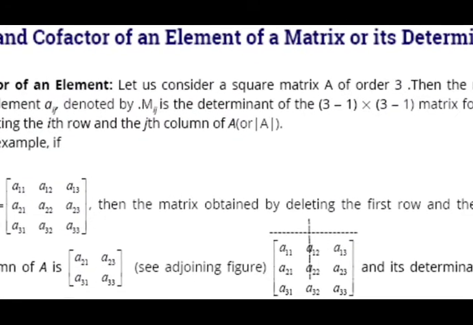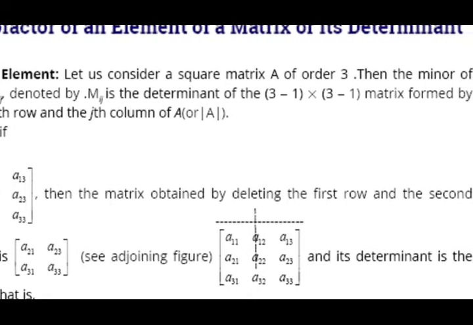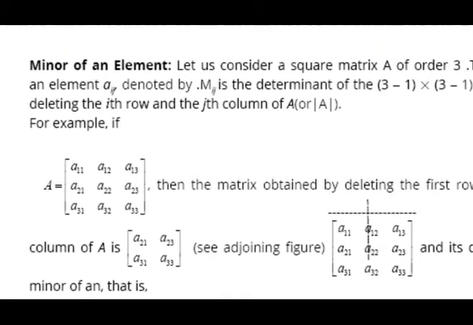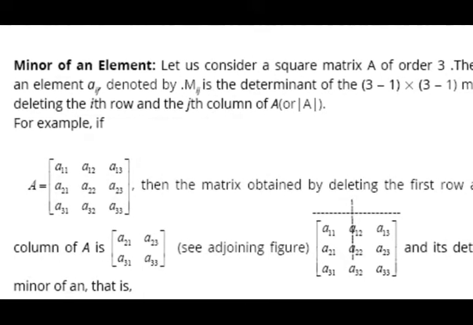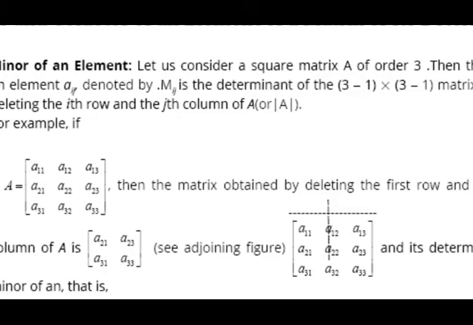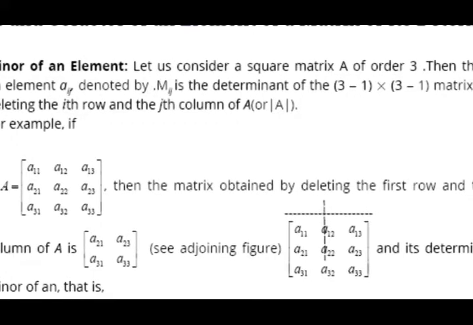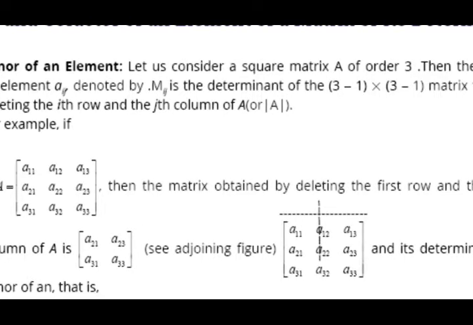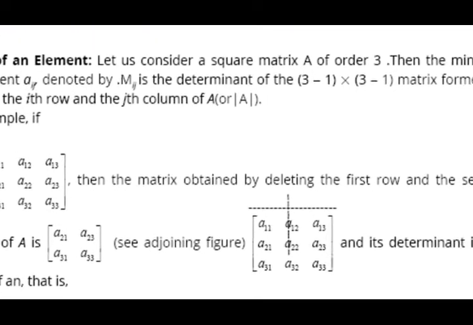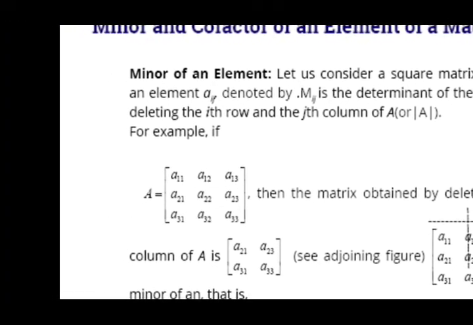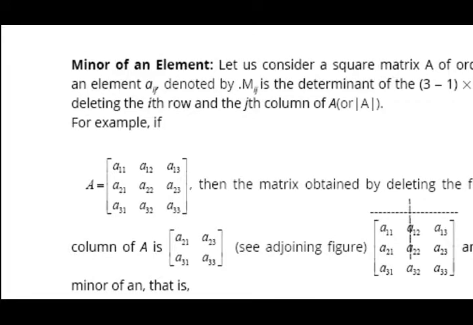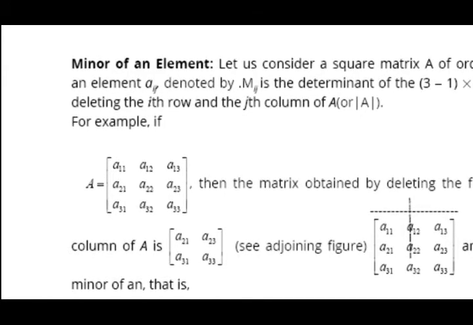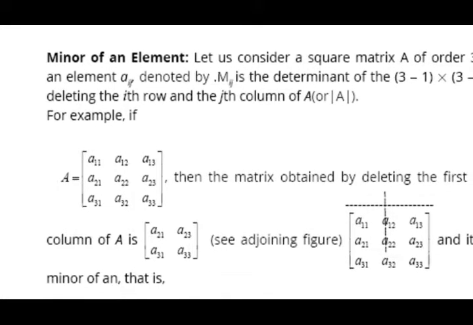Consider a square matrix of order 3, then the minor of an element a_ij, denoted by capital M_ij, is the determinant of the 3 minus 1 by 3 minus 1 matrix obtained by deleting the ith row and jth column.